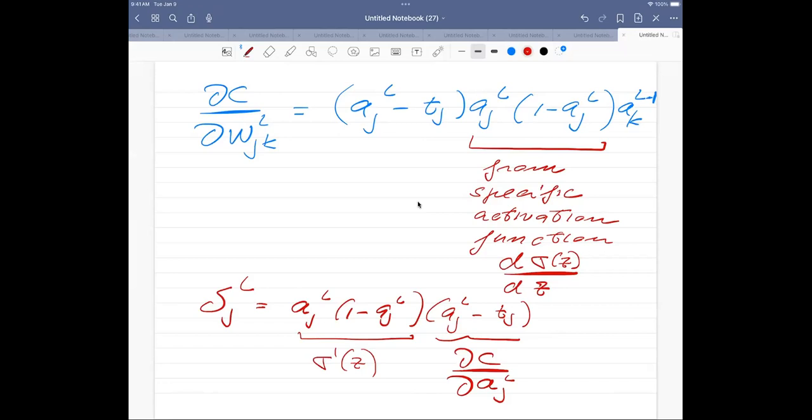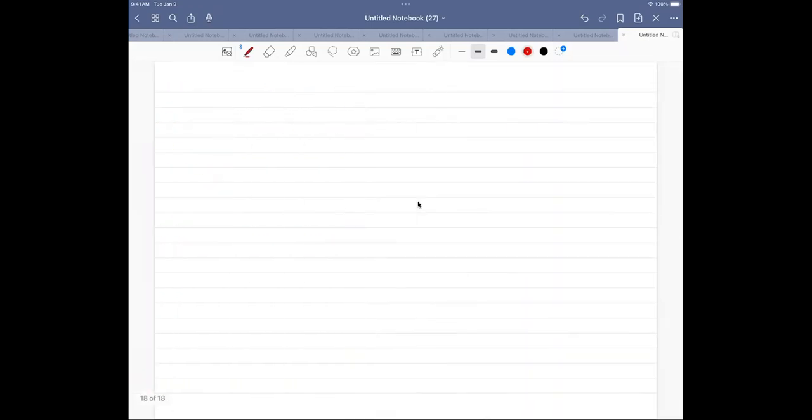Okay, so what we have now is an expression for these parameters. So I'm just going to write out these first derivatives, dC at the final layer L. And this is the same as this parameter, delta_j^L, multiplied with the output from the previous layer. So that's one of the derivatives we need.